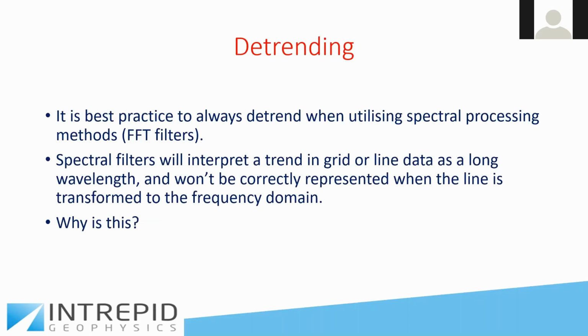When you're filtering a data set that has long wavelengths, especially wavelengths that are much larger than the range of the data set, they won't be correctly represented in the frequency domain.